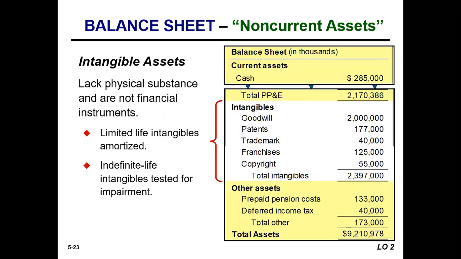All right, and then finally intangible. So, remember tangible assets like property, plant, and equipment. Tangible assets have physical substance. We can physically see them and touch them, tangible, right? So intangible then are assets that do not have physical substance.